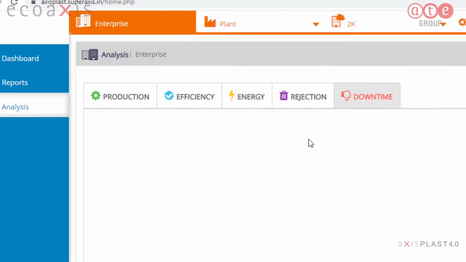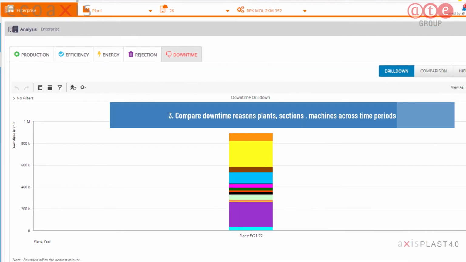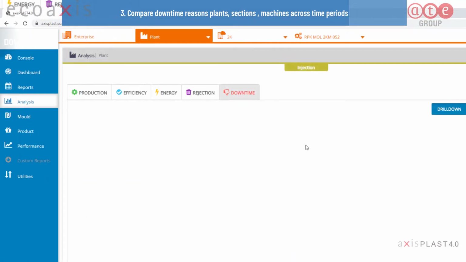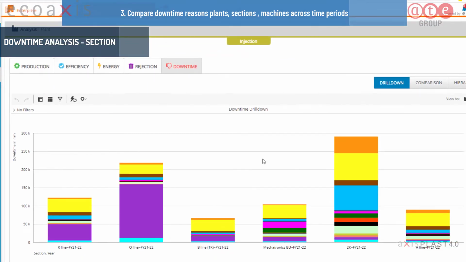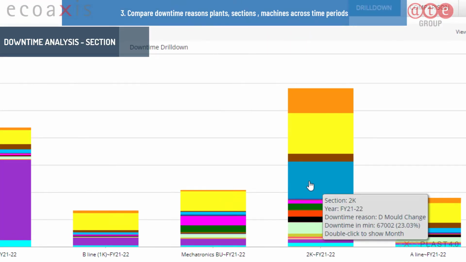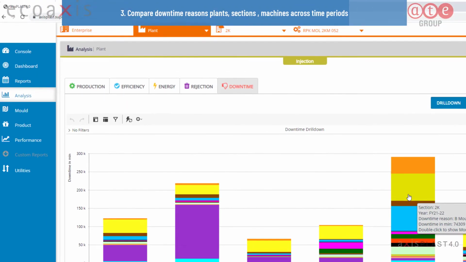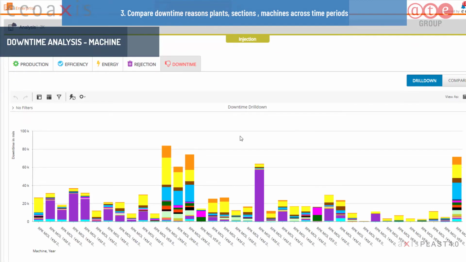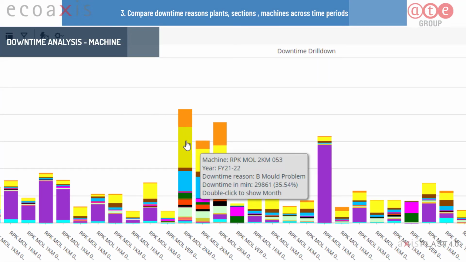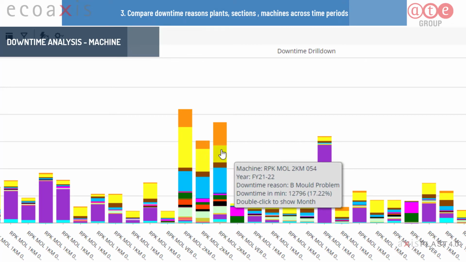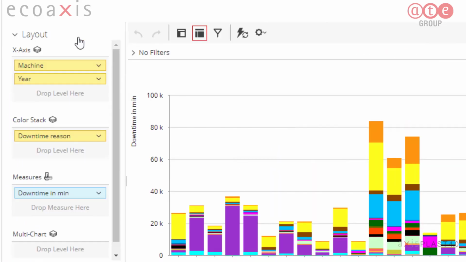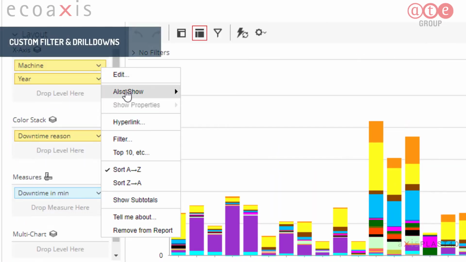axisPLAST breaks down lost hours with reasons across plants, sections, machines, and time periods to narrow your focus on deeper causes of downtime.